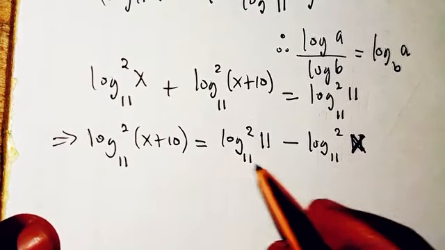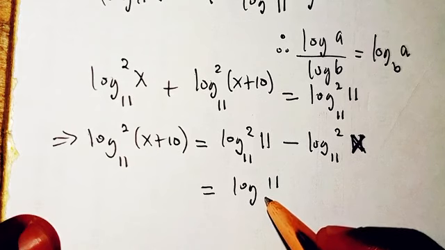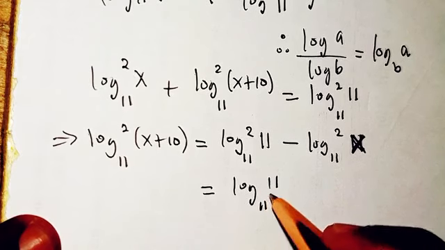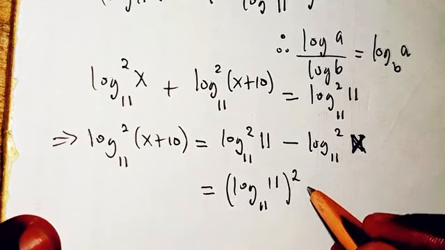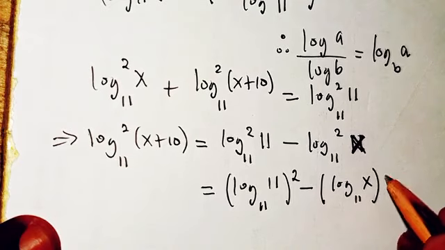So you can see that this is log base 11 of 11 all squared minus log base 11 of x all squared.